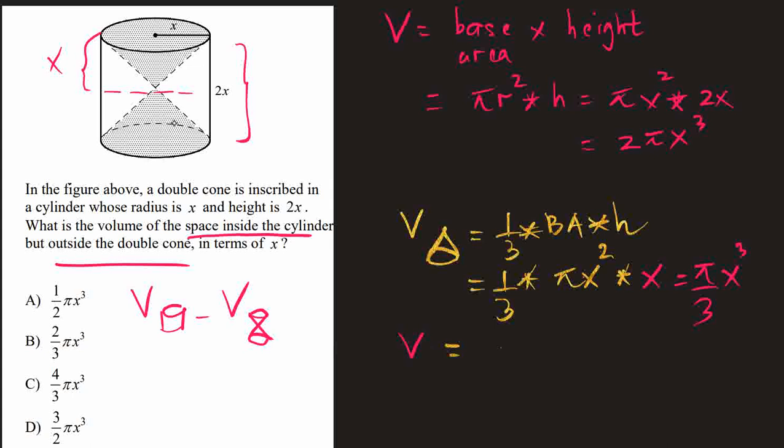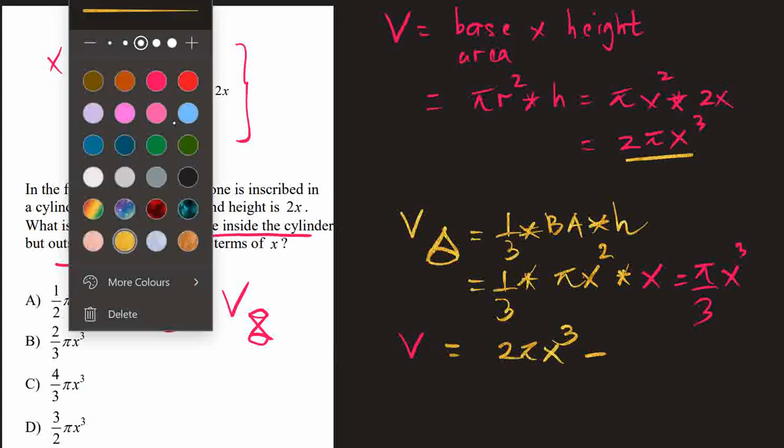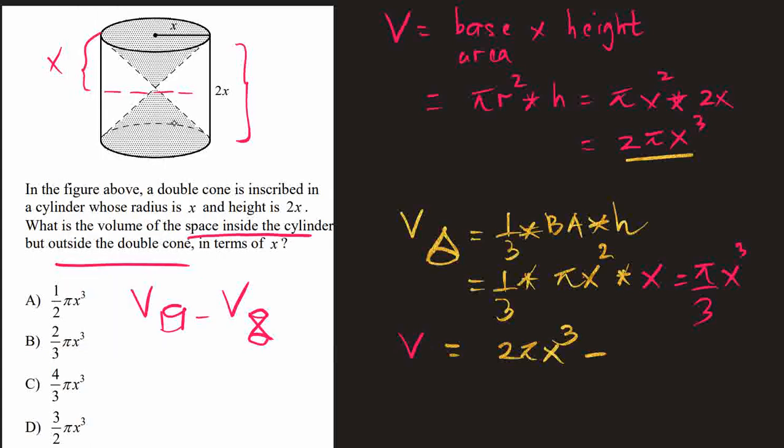The volume of the cylinder is 2 pi x cubed. So we take 2 pi x cubed minus 2 times the volume of the cone, because there are 2 cones.